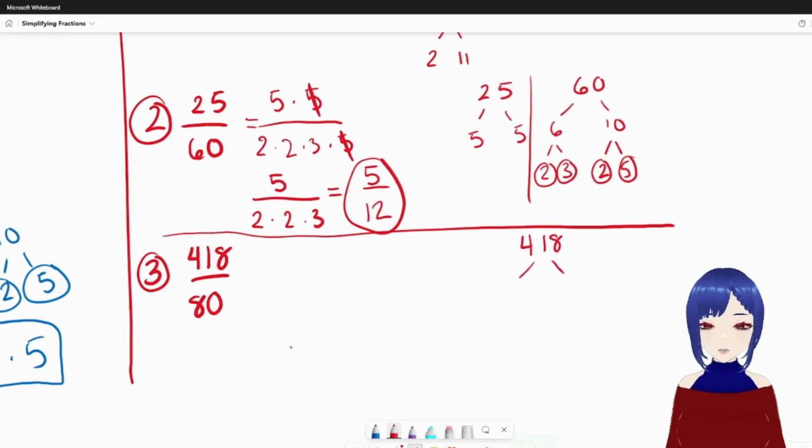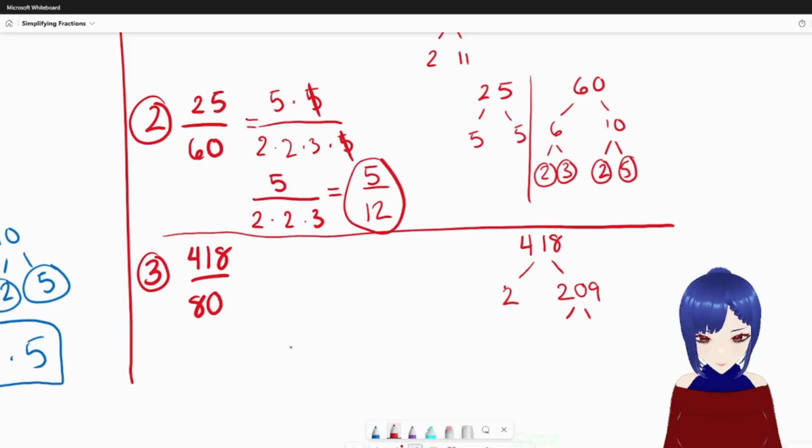All right, so 418, right off the bat, I can do 2 times 209. And I don't know 209's factors, so we're just going to use our calculator. 209 is divisible by 11.